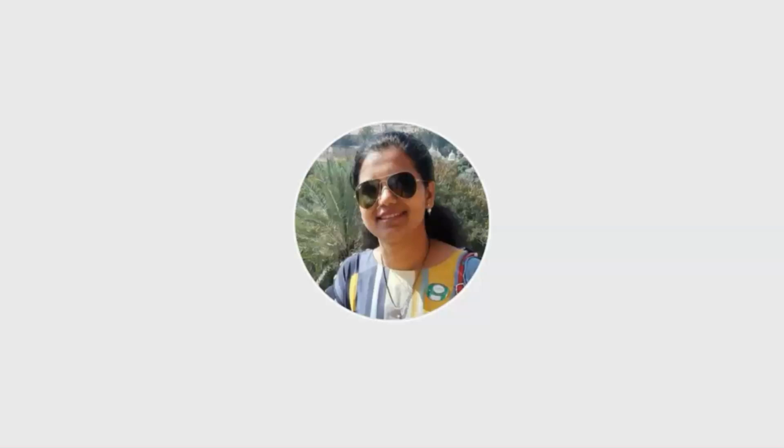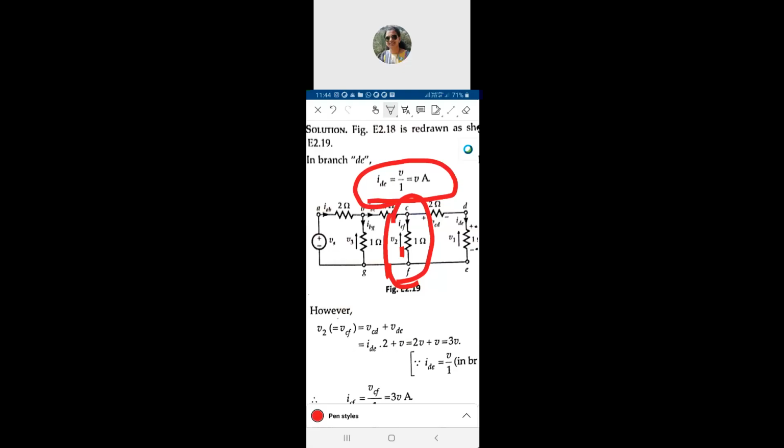Or you try to find out V2 by analyzing the circuit. We already have analyzed circuits. Try to analyze the circuit and find out V2.